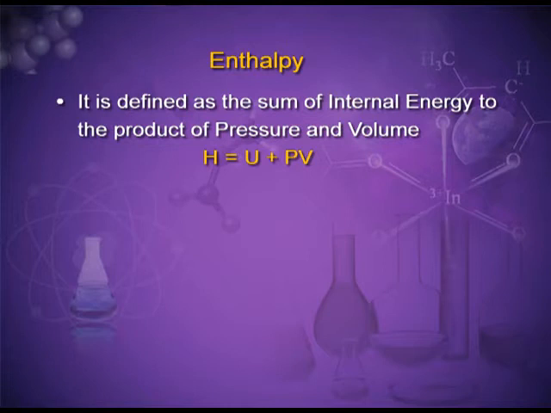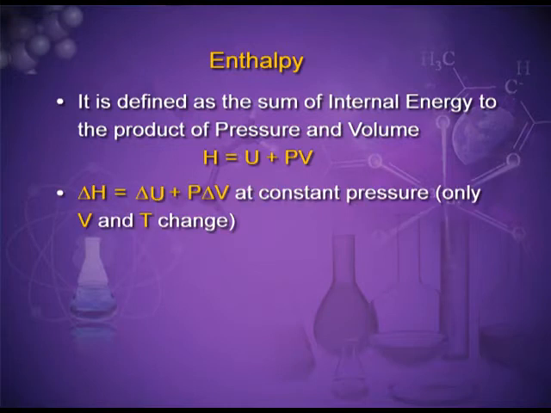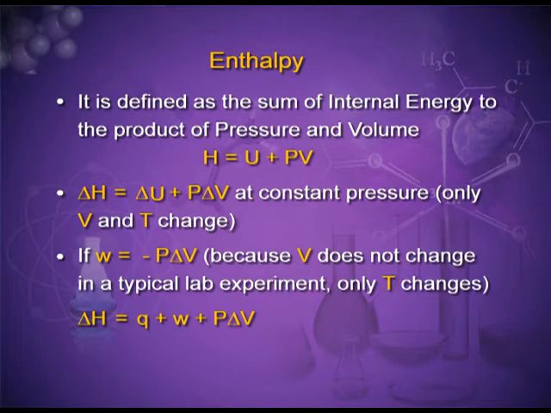Or we can also say delta H equals delta U plus P delta V. Delta V is the change in volume, delta U is the change in internal energy, and delta H is the change in enthalpy.